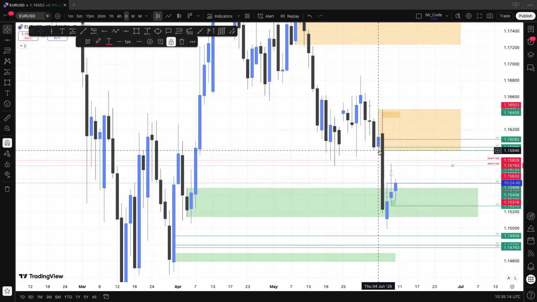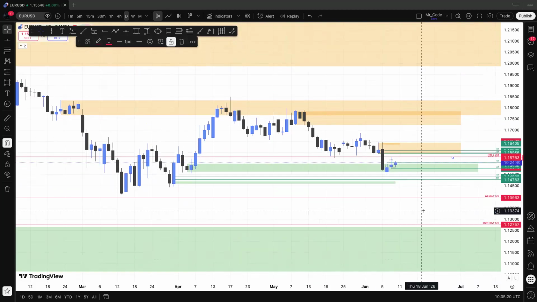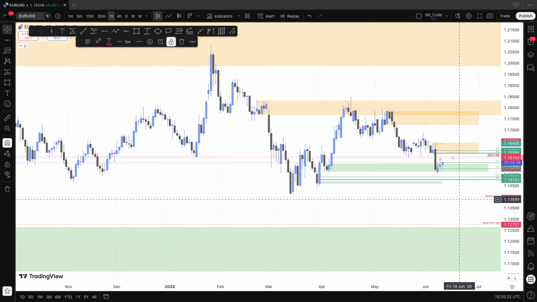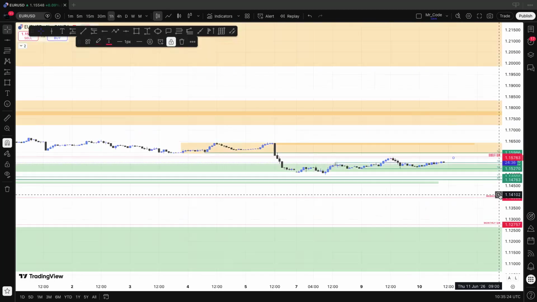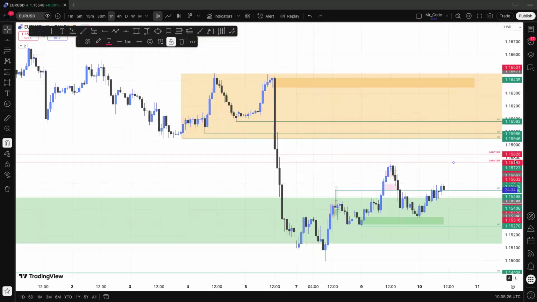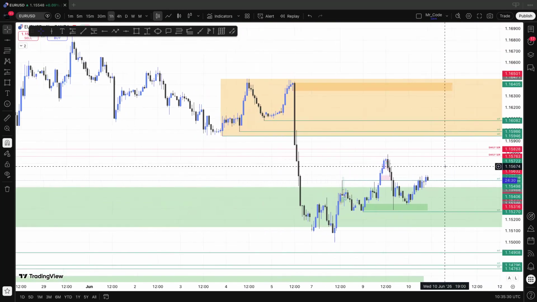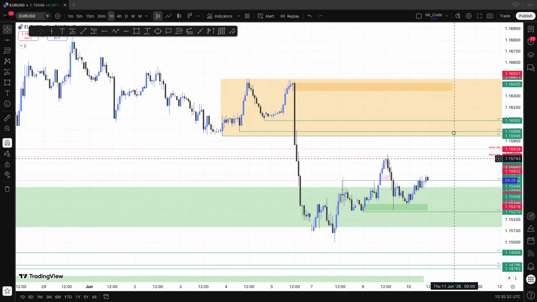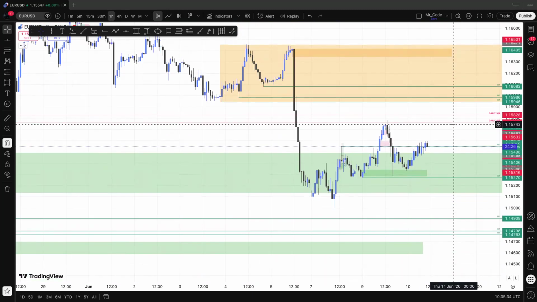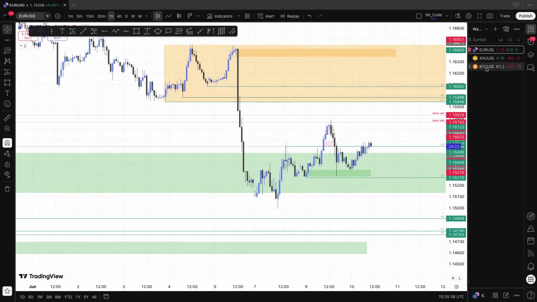Okay, so that is how the support or resistances are drawn in confluence with a supply. As simple as that. So currently on Euro USD, the market is still bullish. We are still bullish on Euro USD.